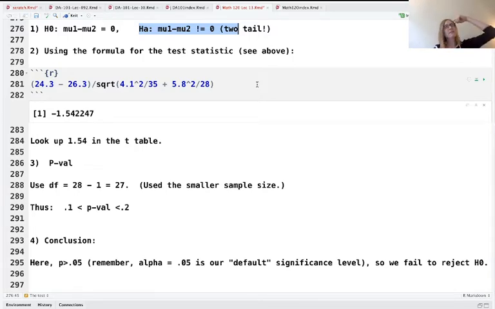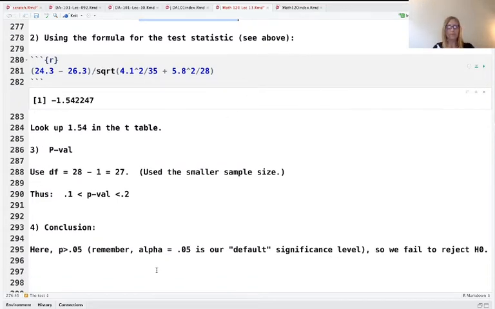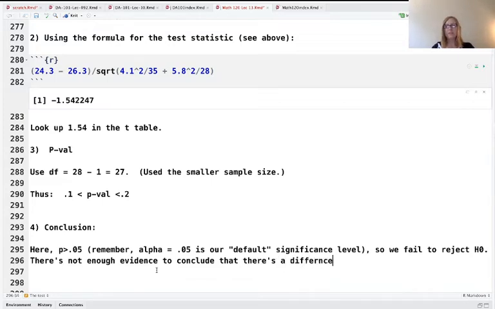Now, what does that mean? It means we didn't find evidence to suggest that there's a difference between the two populations. There's not enough evidence to conclude that there's a difference in mean delivery times between the two pizza chains.